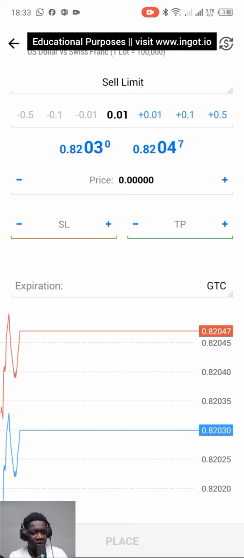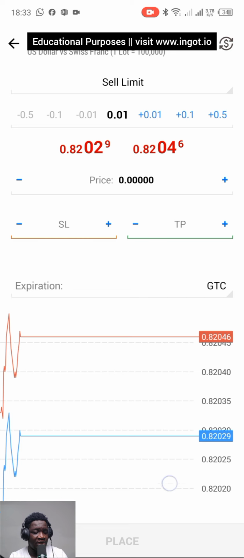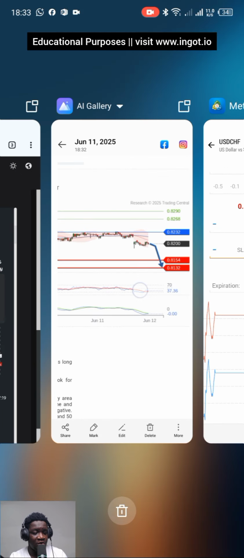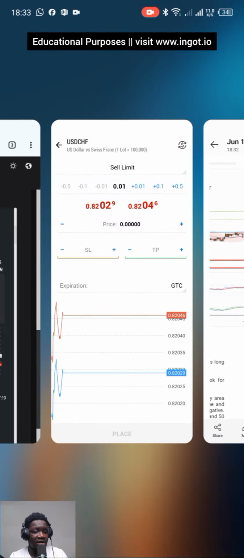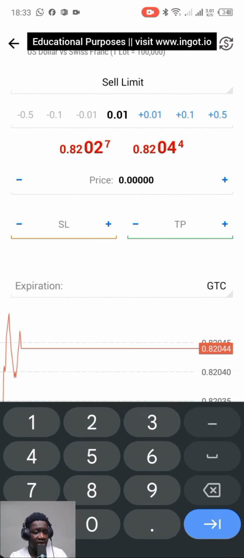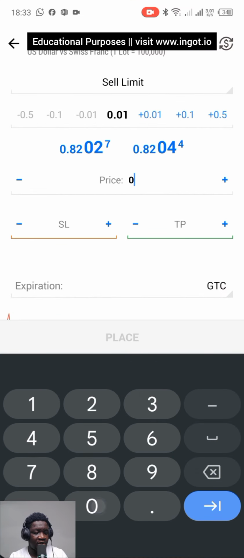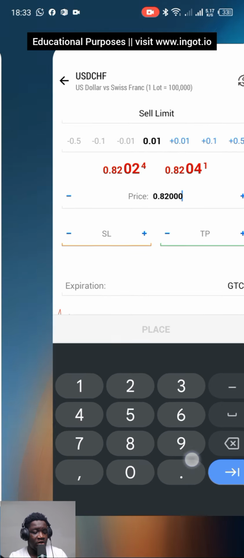Okay. So sell limit, and what price are we looking at? 0.8200 as the entry price. So 0.82000, because after the decimal point you see 5 numbers there as the entry price. What's the stop loss?